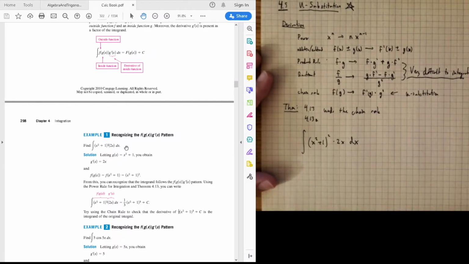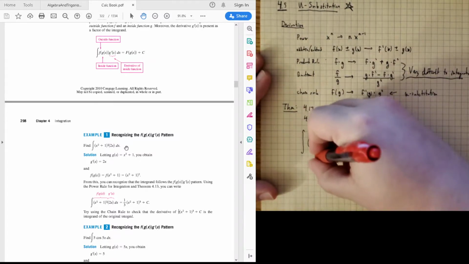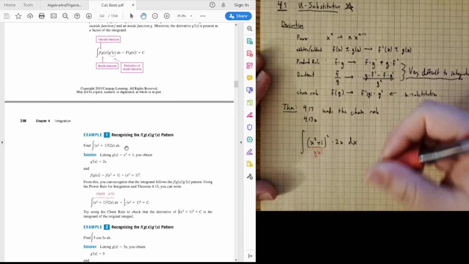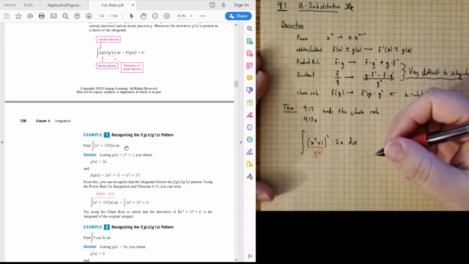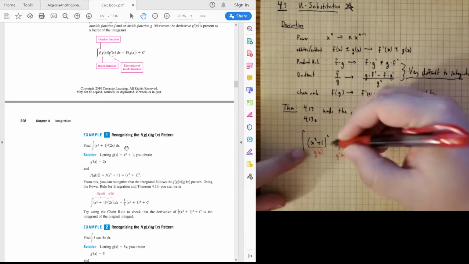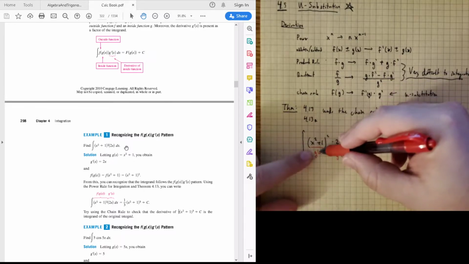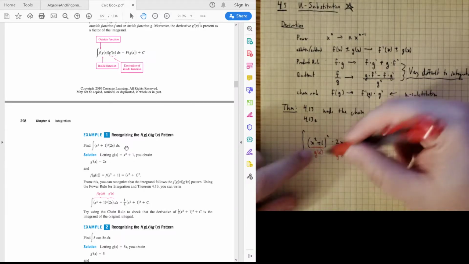So, what's the pattern? Well, this is going to be my g of x. It's the inner function. The reason I know it's going to be g of x is because right here, I have g prime. What's the derivative of x squared plus 1? 2x. So you can see I have g and g prime clearly defined.